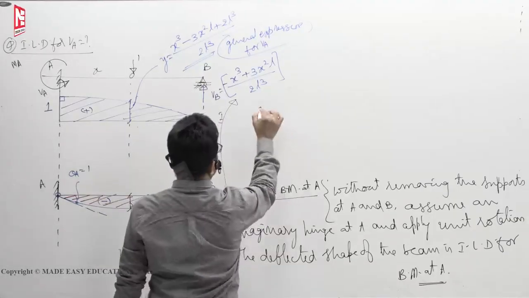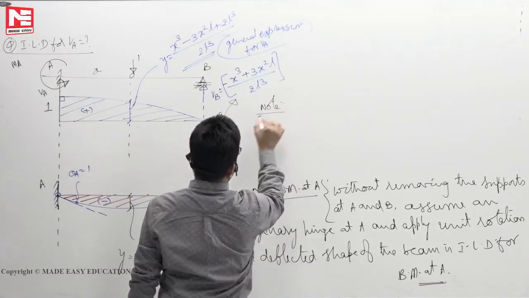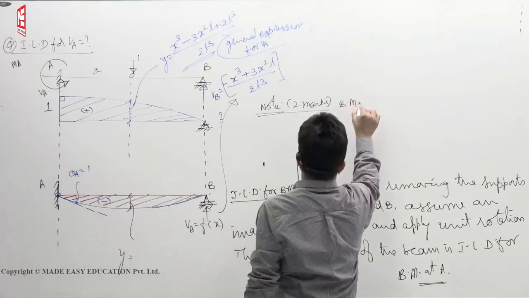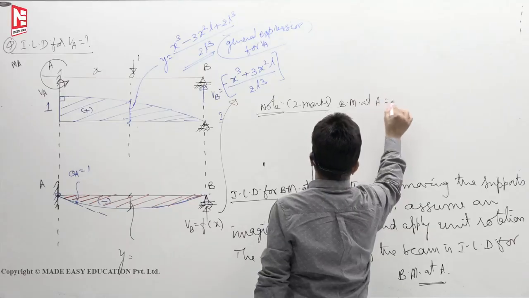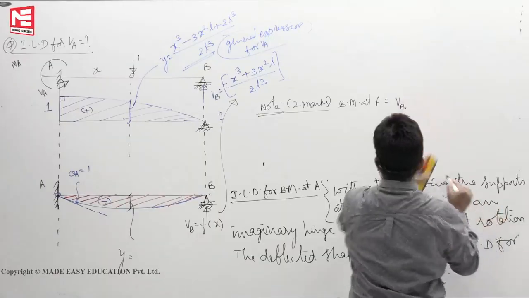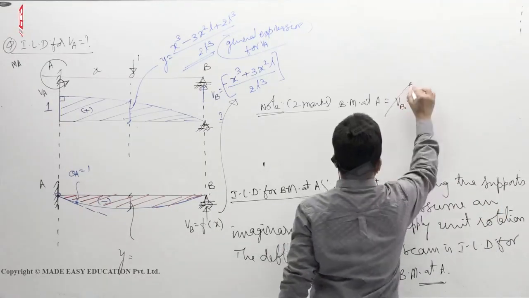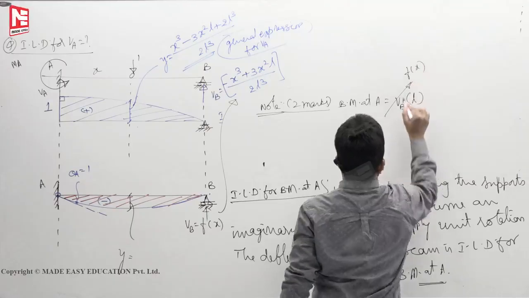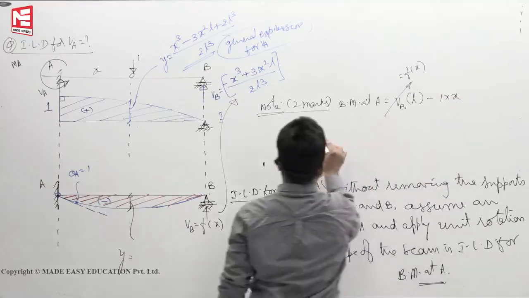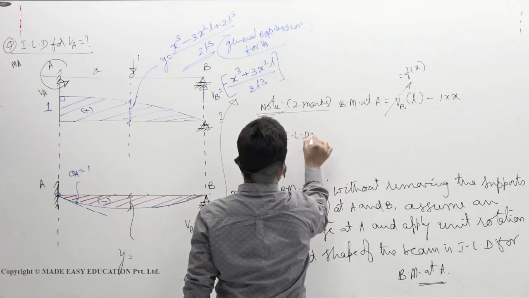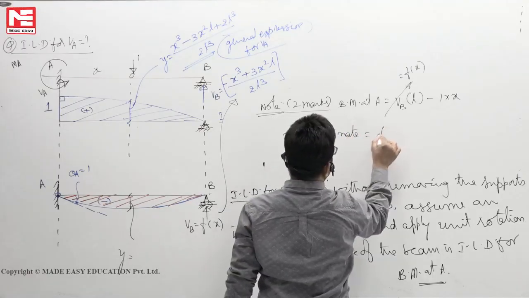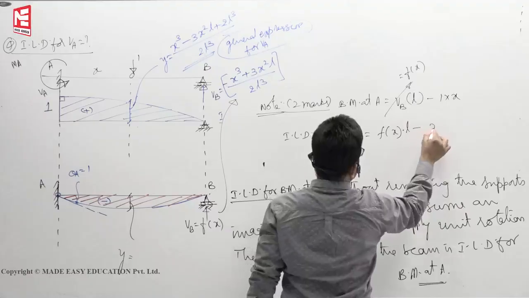Now if they ask you, this is a 2 marks question, bending moment at A is equal to VB into L, which is a function of X, minus 1 into X. So the ILD ordinate is equal to the function of X into L minus X.